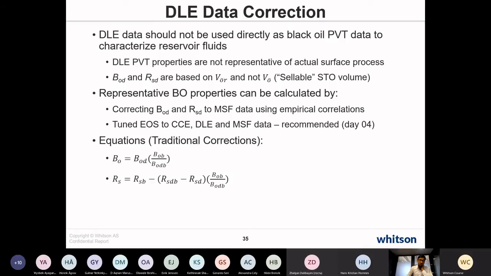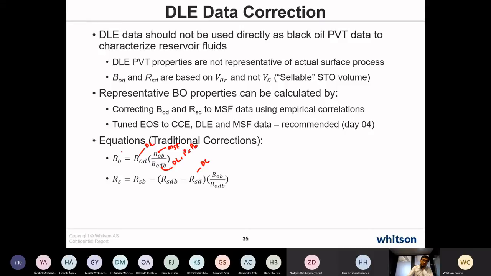Okay, so these are some empirical correlations that can be used to correct the BO and the RS from the DLE experiment. We are using this BOB, that's your multi-stage separator test, the BO at the bubble point, and this is also from the DLE test at P equals PB, the bubble point.